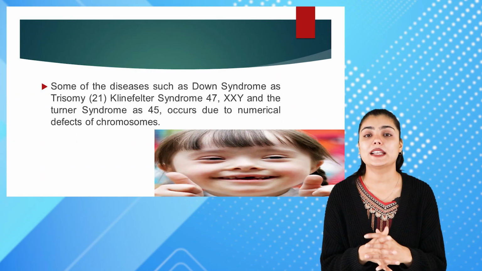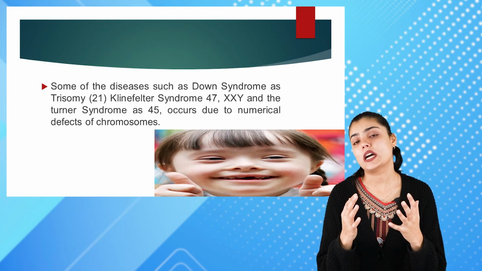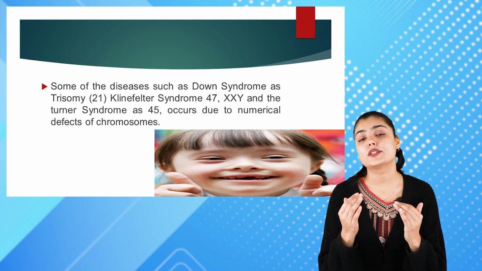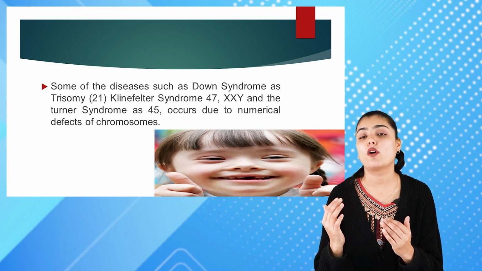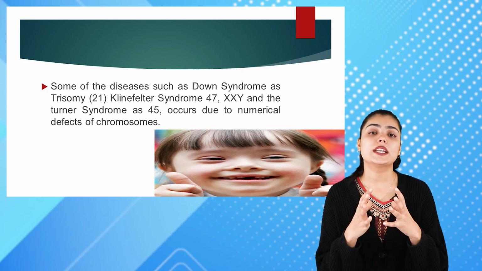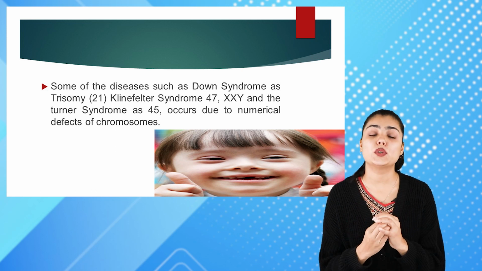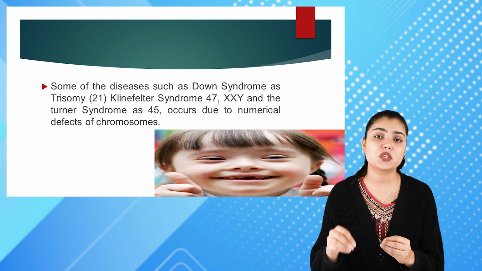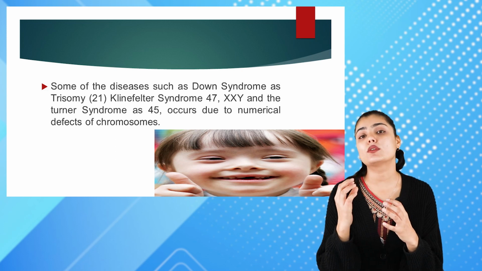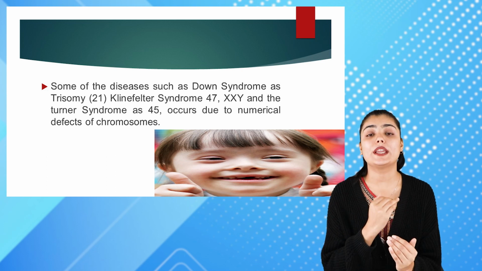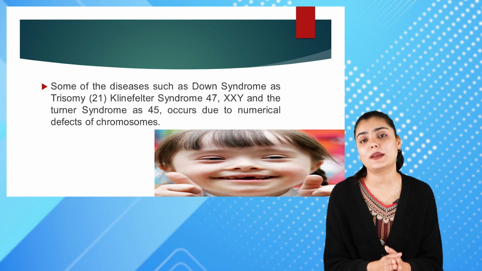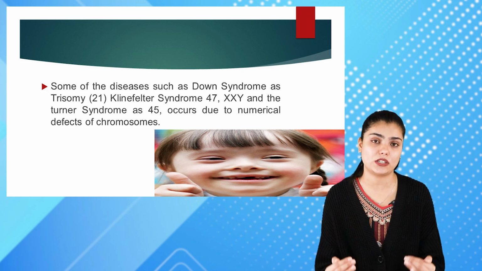We are already aware that certain genetic disorders such as Down syndrome, Klinefelter syndrome, and Turner syndrome occur due to a defect in the number of chromosomes, right? Genetic disorders may occur due to an extra number of chromosomes or a change in the location of a chromosome. Genes and chromosomes play a major role in affecting the health of an individual. They may lead to various chromosomal abnormalities and genetic disorders.